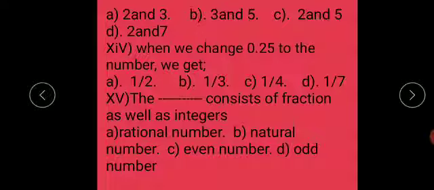Fourteenth part is when we change 0.25 to the fraction we get 1 over 2, 1 over 3, 1 over 4, or 1 over 7. Fifteenth part is the dash consists of fraction as well as integer: rational number, natural numbers, even number, or odd number.